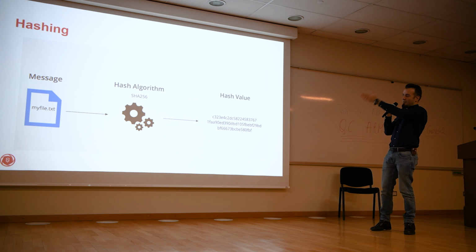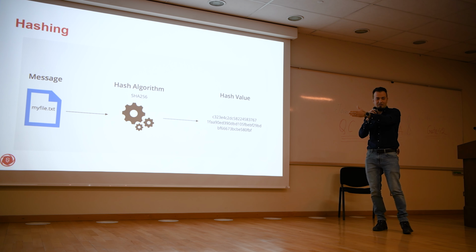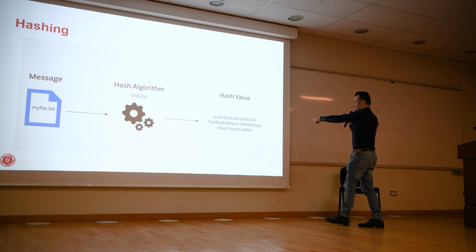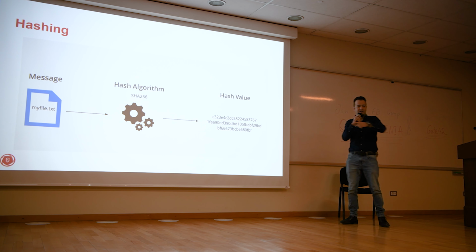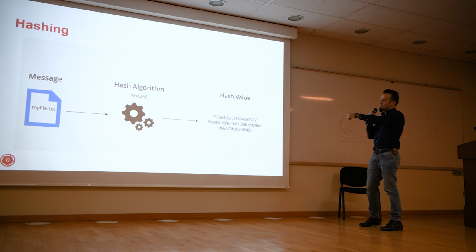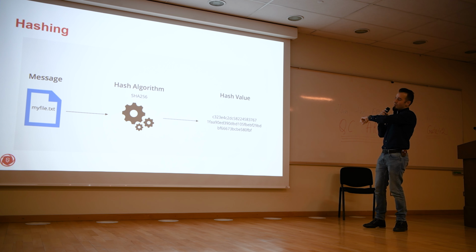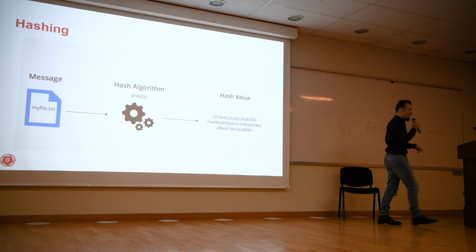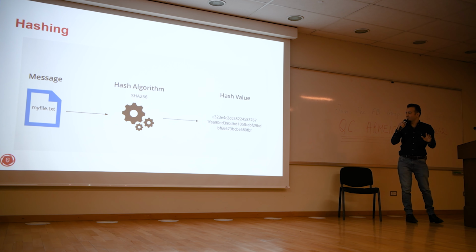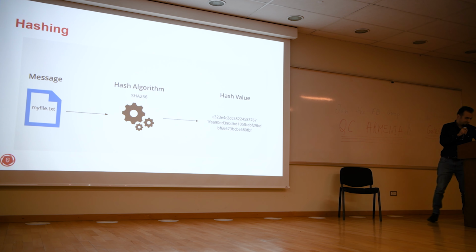For example, the data can be 1 character, can be 1 terabyte of data. It will always return the fixed length result. And having the same data and same algorithm, you always get the same result. But knowing the result, there is no way to know what the original data was. So, hope this is clear, pretty straightforward.